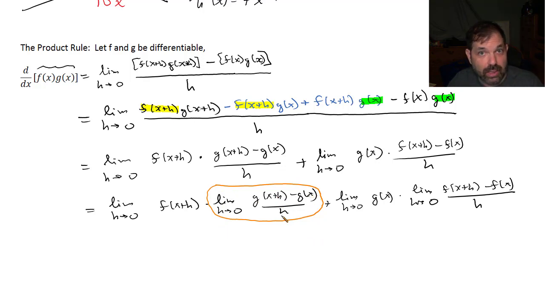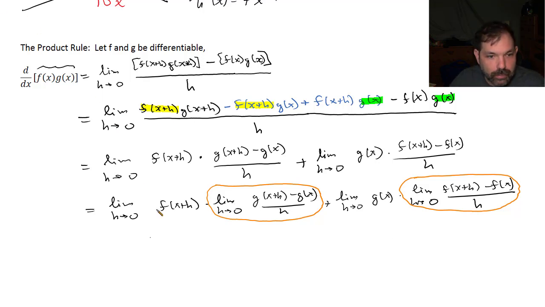You should recognize that expression as being the definition of the derivative with respect to x of g. Similarly, this factor, the limit with h approaching 0 of f of x plus h minus f of x over h, is the definition of the derivative with respect to x of f.